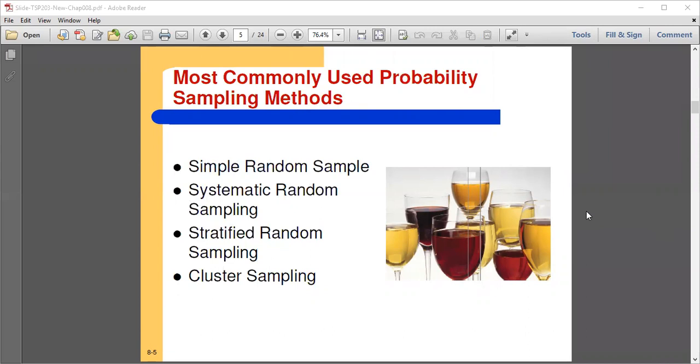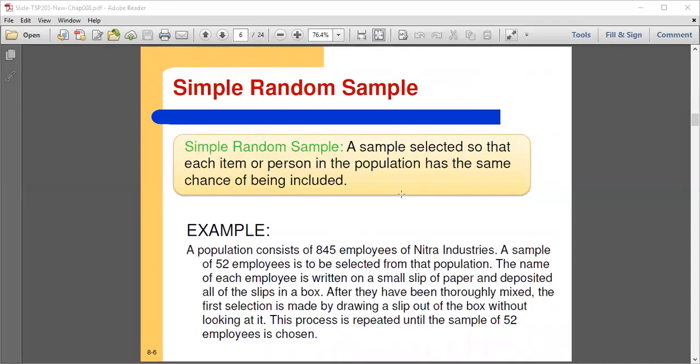So let's have a look at simple random sampling. A sample selected so that each item or person in the population has the same chance of being included. This is a very well-known kind of procedure.